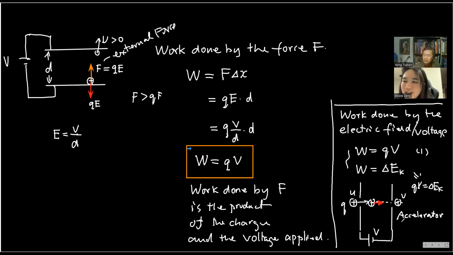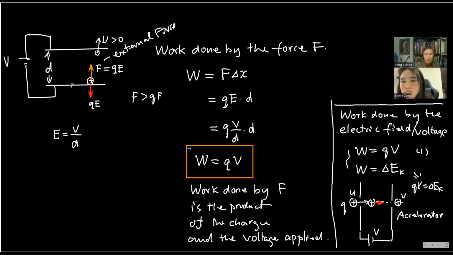This doesn't mean the work is doubled in this case, because there is no external force. In the first example, we assumed there's an external force because we want to work out the opposite case.